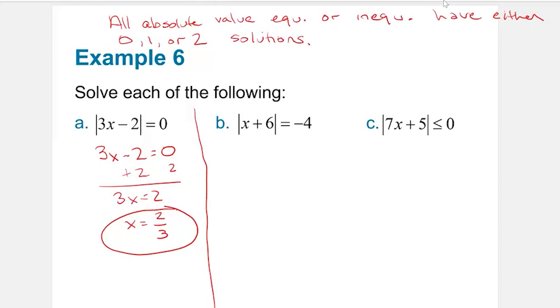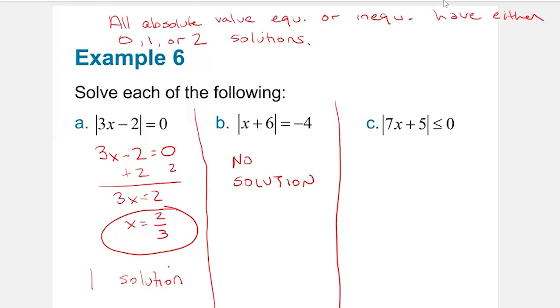So this one right here actually has no solution, because there's no number that when I put it in the absolute value is going to give me a -4. So you always have to be really conscious of what you're doing. Just don't start doing things, is what I'm trying to say. So here I have one solution. Here I have no solutions, and I don't know what I have for the last one.